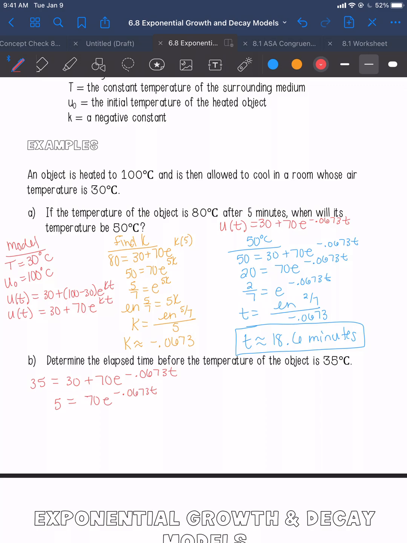Divide both sides by 70, that ends up being 1/14, equals e to the negative 0.0673t. So t is the natural log of 1/14 divided by negative 0.0673. So it will take approximately 39.2 minutes for the object to reach 35 degrees Celsius.